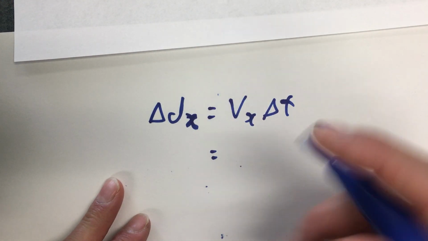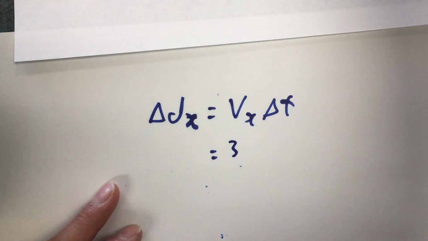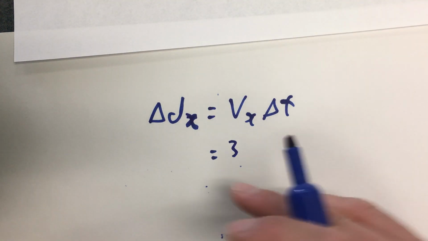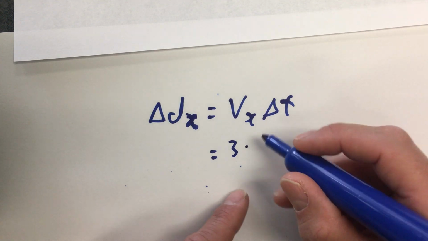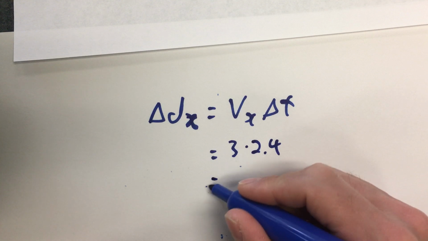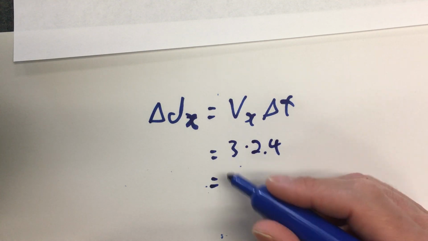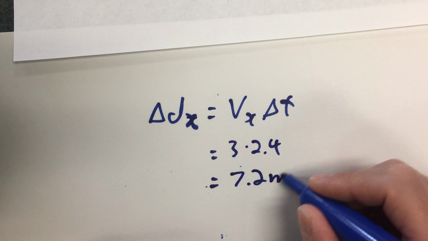So the x component of his velocity is simply the 3 meters per second west that the water is doing. We multiply that by the amount of time it took him to cross the river, which was 2.4 seconds. And that's going to give us 6 plus 1.2, 7.2 meters.